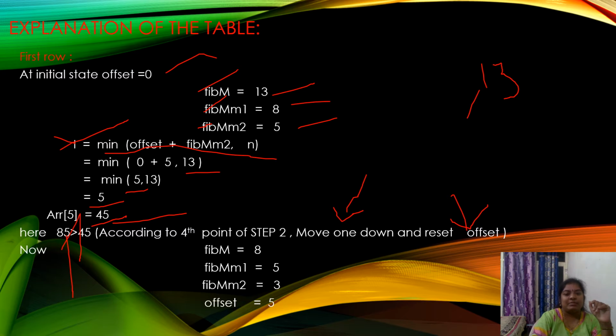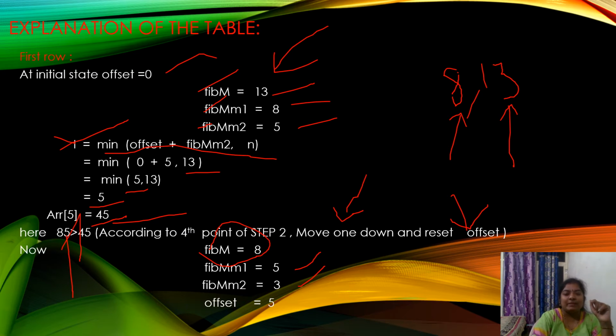What is the previous number? That is 8. This is the 13, so one down means 8. So the Fibonacci number becomes 8. What are the previous two numbers of 8? 5 and 3.